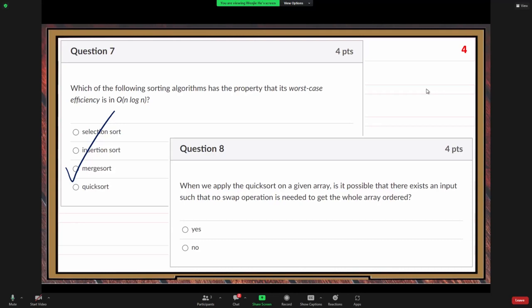What is that special input? Can anyone get a sense? No swap. You do all the partitions, but you do not need to change the location of the pivot. It is always in place. The pivot is always in place.